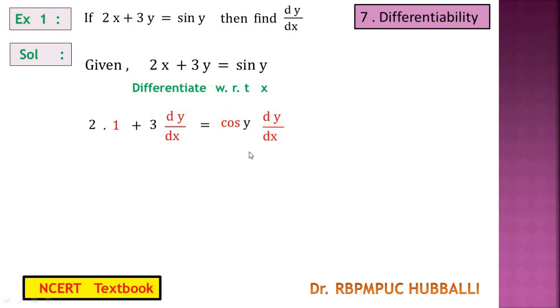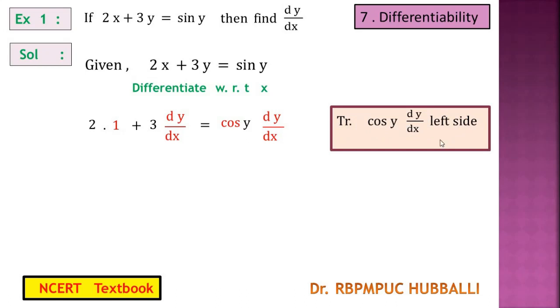Okay, next here you can see that we have two dy by dx terms in the equation. So we have to get only one dy by dx, remember. Okay, so therefore we shift this one and simplify this equation and we get dy by dx equal to what? Means we find the dy by dx answer. Okay, now transfer the cos y dy by dx term to the left side.